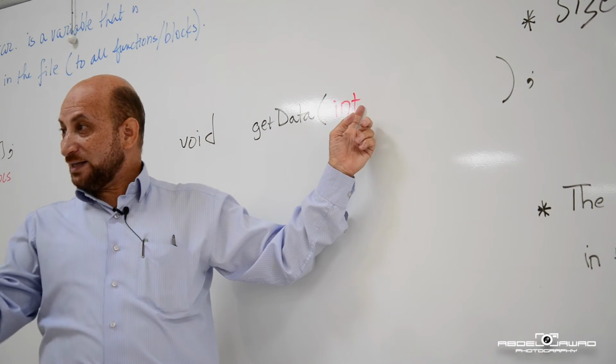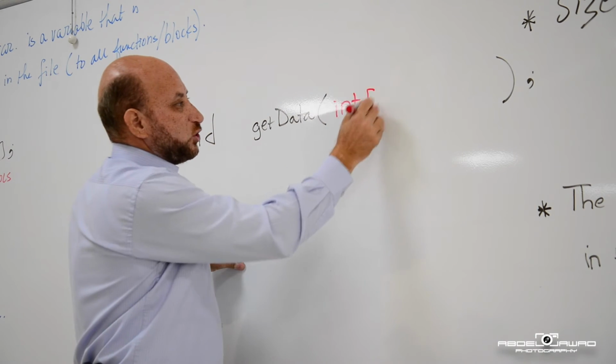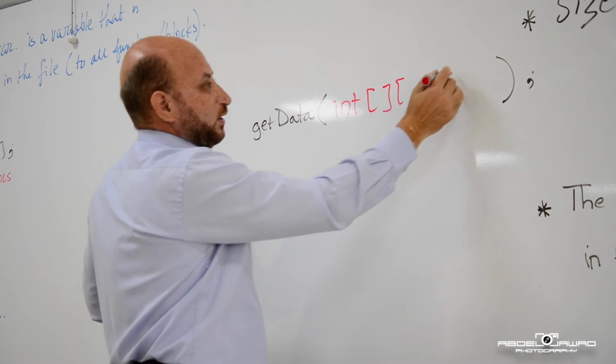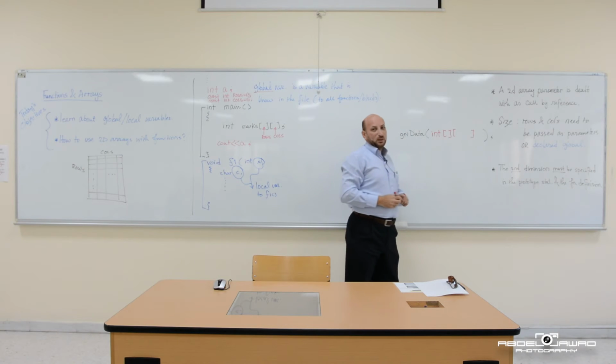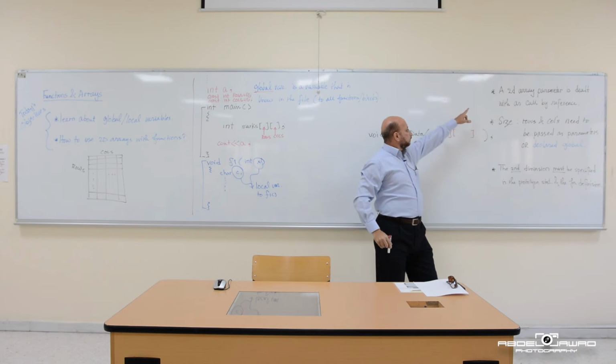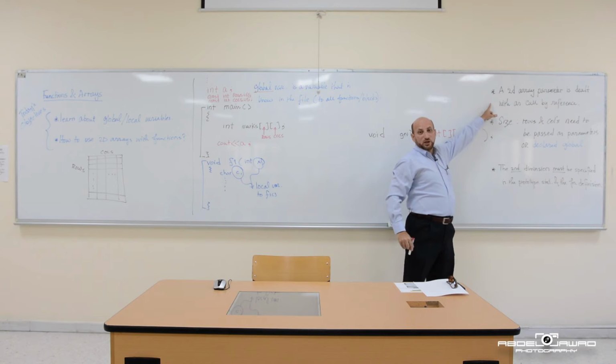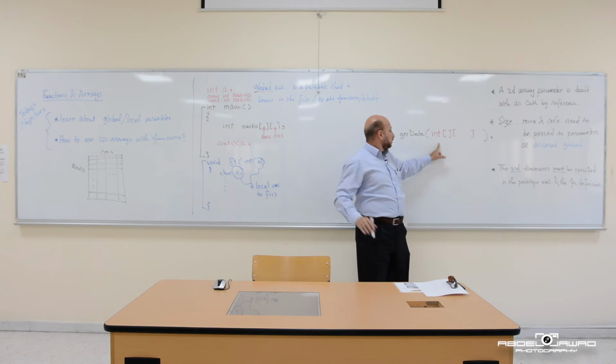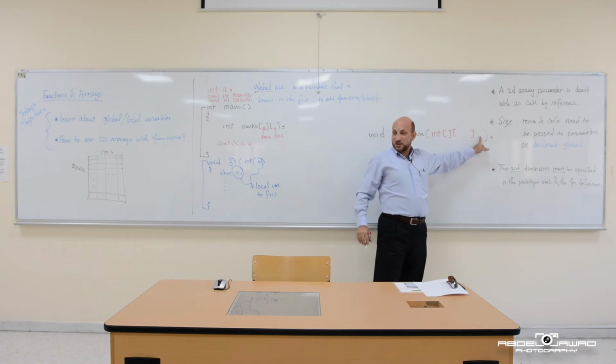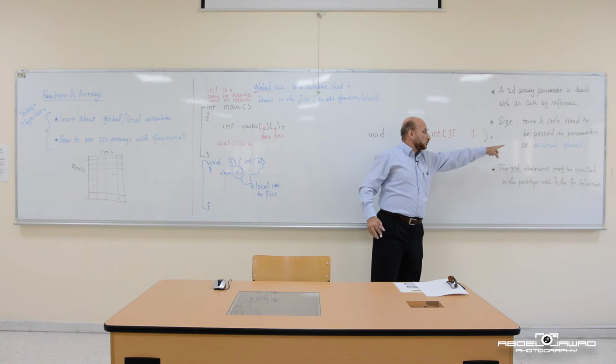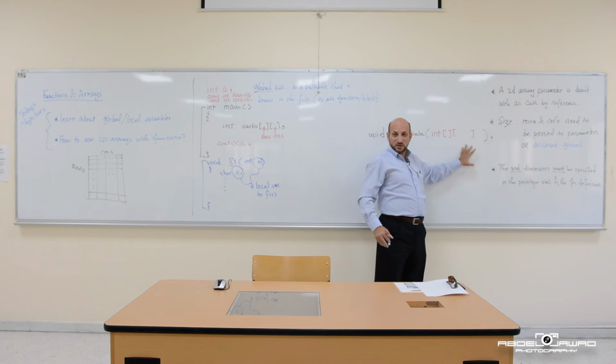Is this a single value? Is it a 1 dimension? Or is it a 2D array? Now let's look here. We know that the 2D array is a call by reference by default. We need to pass the size, or we may use it as a global. In this case, I'm using it as a global.